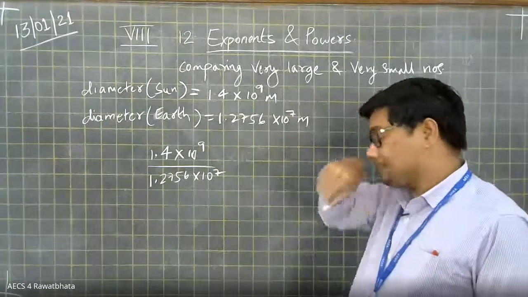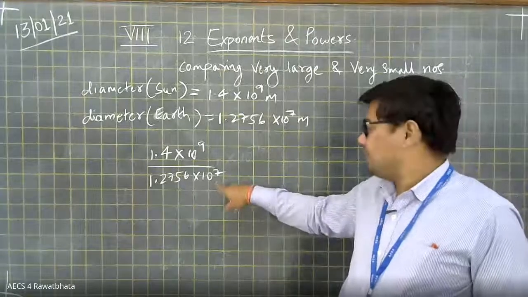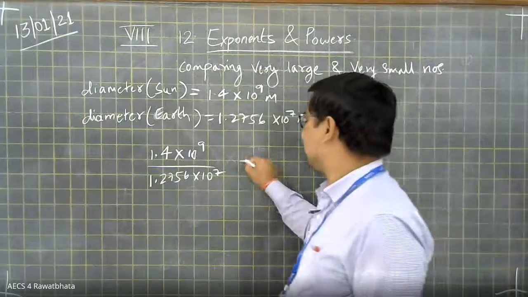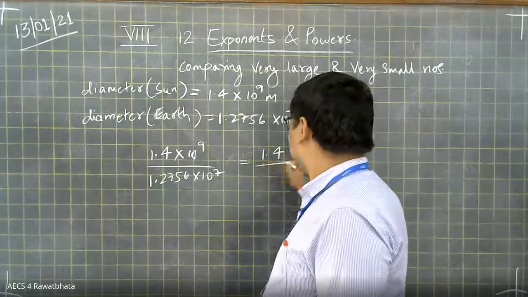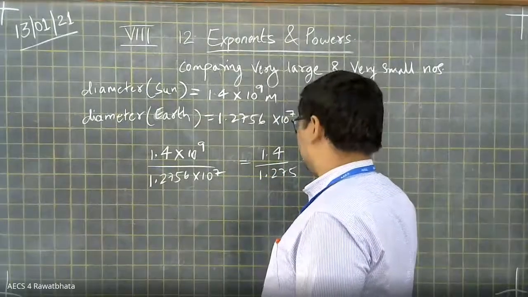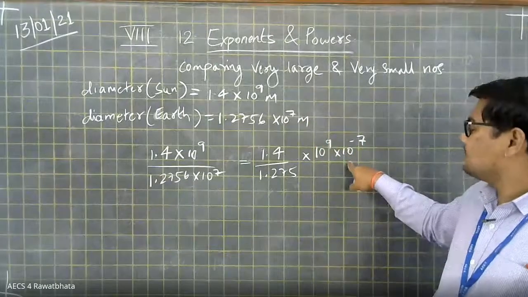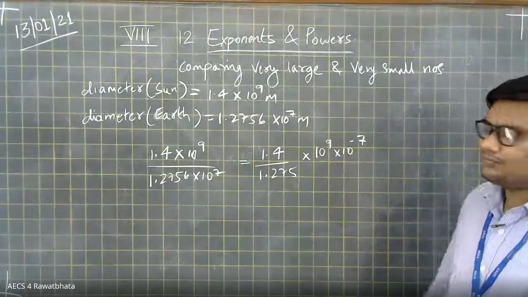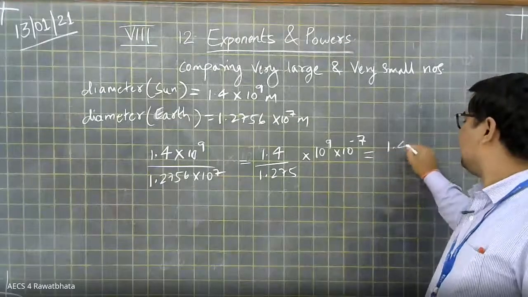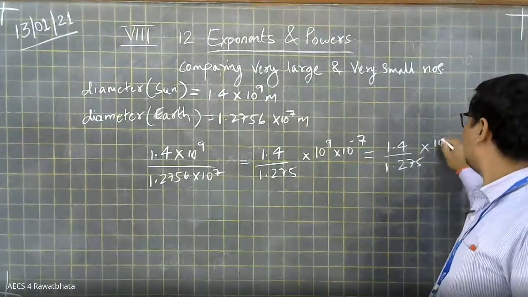When we shift this 10 to the power 7 up, the power becomes negative, so we can write it as 1.4 divided by 1.275 into 10 to the power 9 into 10 to the power minus 7. Here the bases are the same, so we add the powers. When we add 9 and minus 7, we get 2. So it is 1.4 upon 1.275 into 10 power 2.